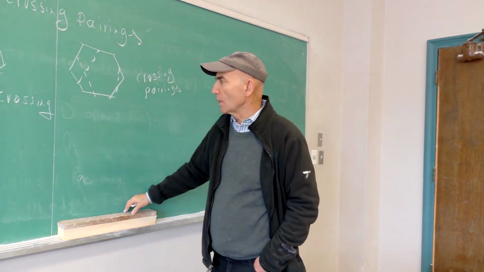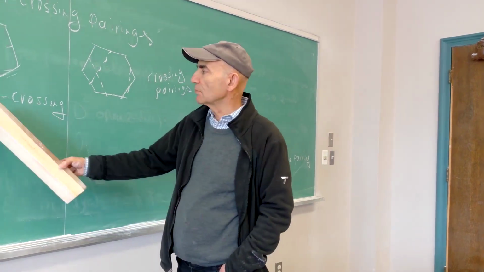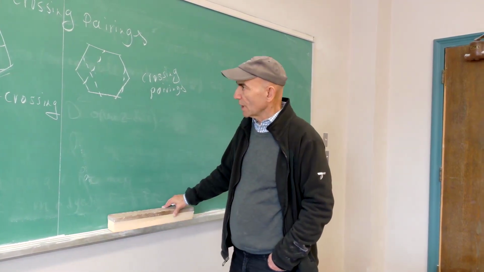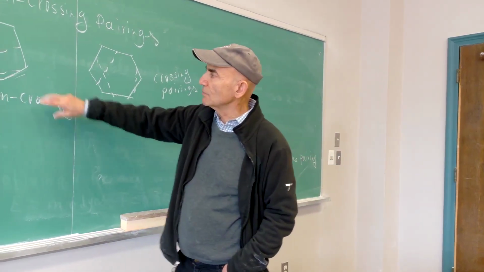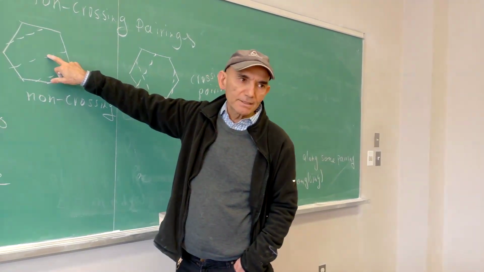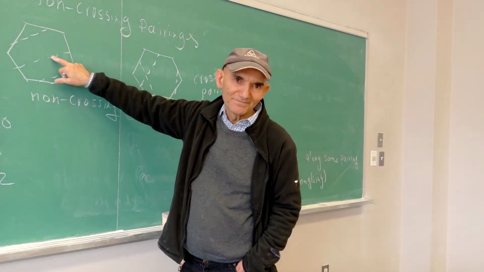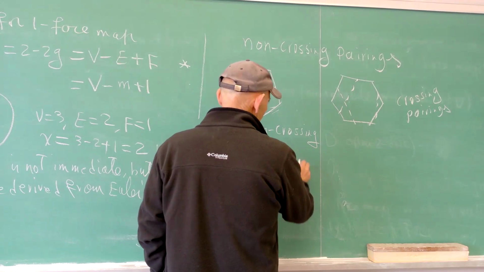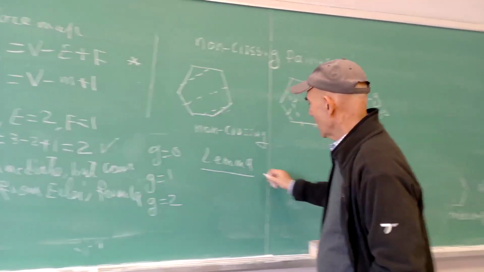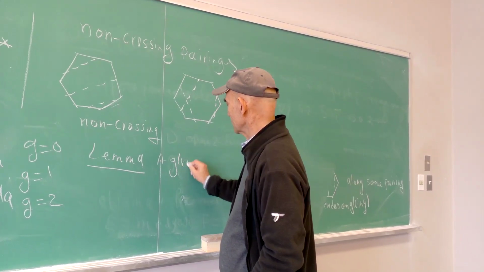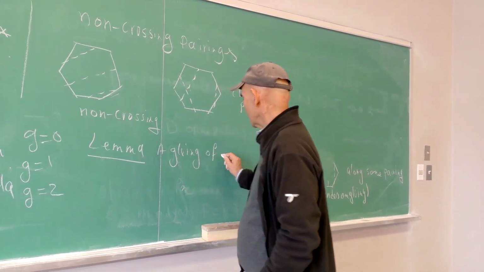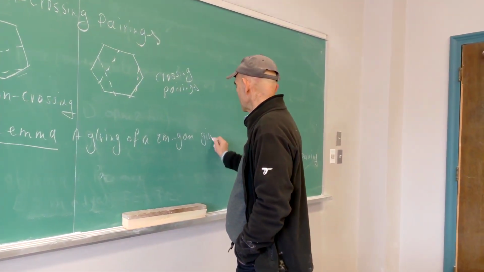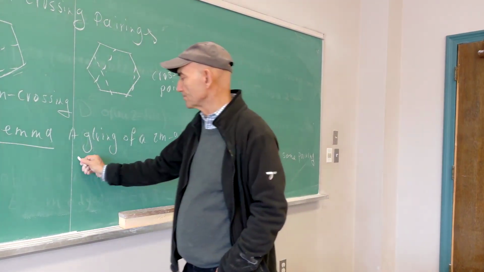Okay, so now what we need to identify is the importance of non-crossing pairings. The importance is that when you glue, that's exactly the case where you get a sphere. So there's this lemma: a gluing of a 2m-gon gives a sphere.